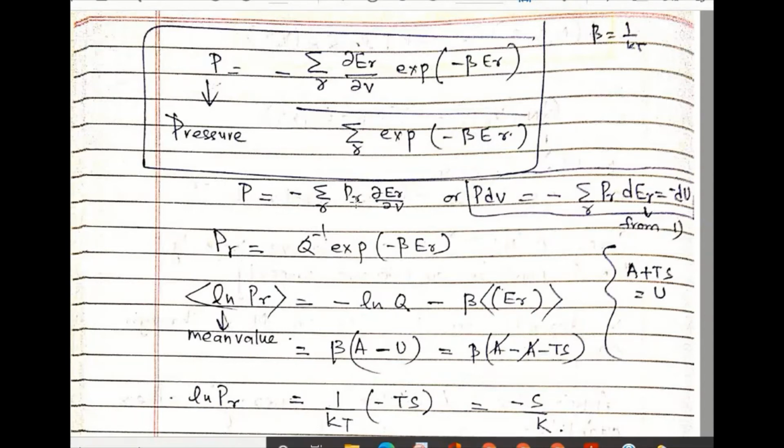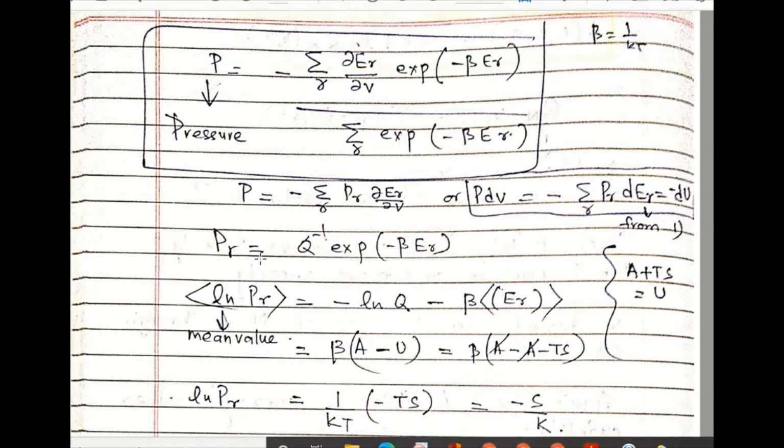So pressure can be written as summation Pr dou Er by dou V. Now take dV. So PdV can be written as minus summation over r of Pr dEr, which is also equal to minus dU. From equation 1, we had said summation Pr Er is equal to U, so summation Pr dEr is equal to minus dU.